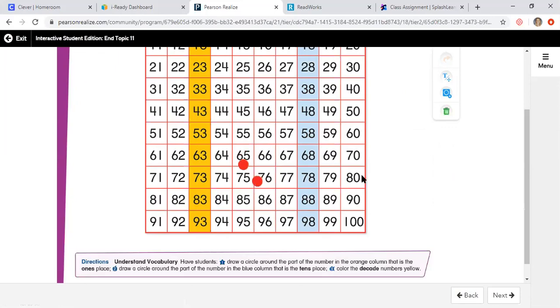So I want to start from 65, not 76, sorry. 65 and stop at 78. So let's count together. 65, 66, 67, 68, 69, 70, 71, 72, 73, 74, 75, 76, 77, 78.